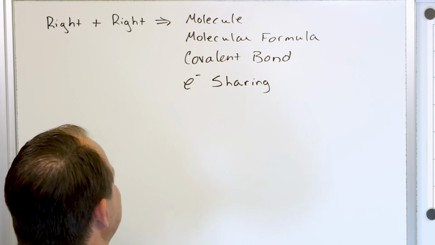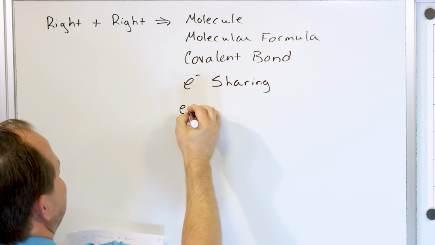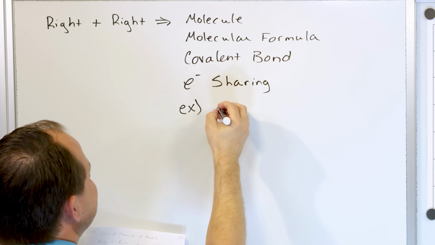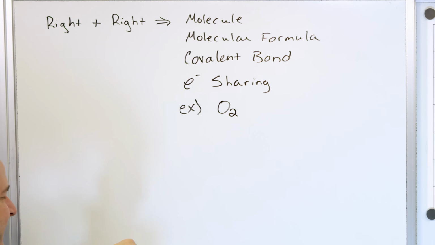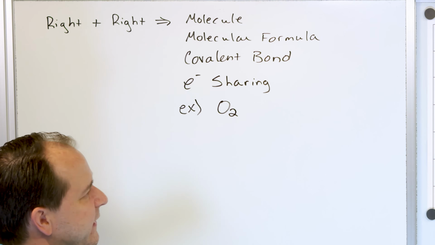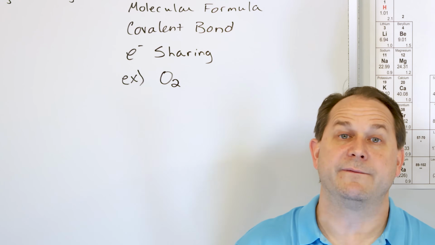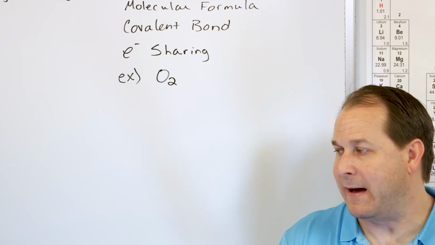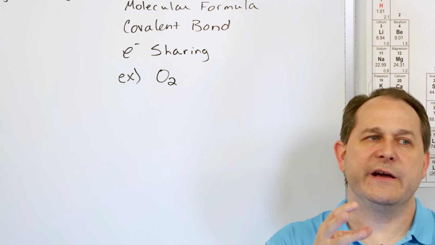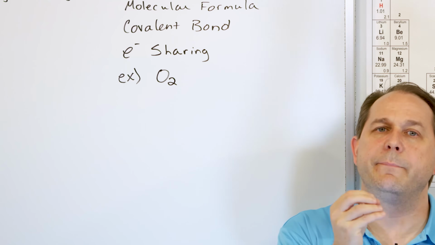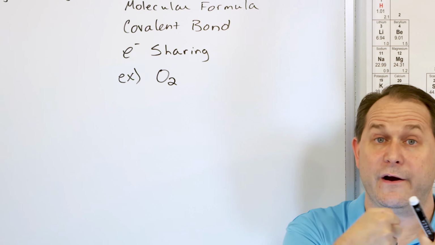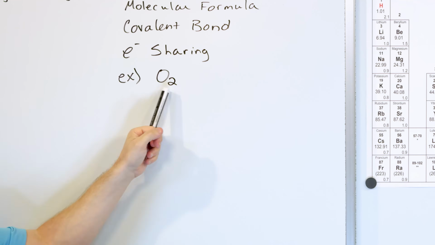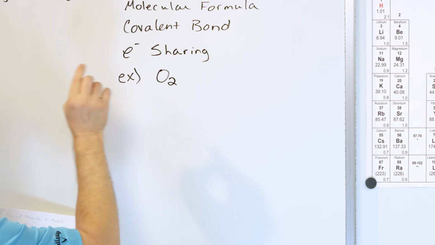Now, what is the best example of this? Or some examples of this. There's many examples, right? But one example is oxygen gas. Oxygen does not like to exist as just a single atom by itself. If you go get a bottle of oxygen from the hospital or for mountain climbing or whatever, then it's going to consist of oxygen in there, but the oxygen atoms are going to automatically bond together in pairs. That's why it says O2. This means two atoms of oxygen bonded together.